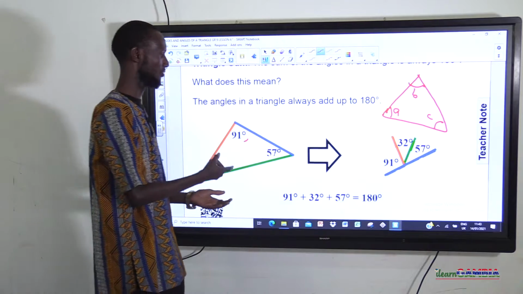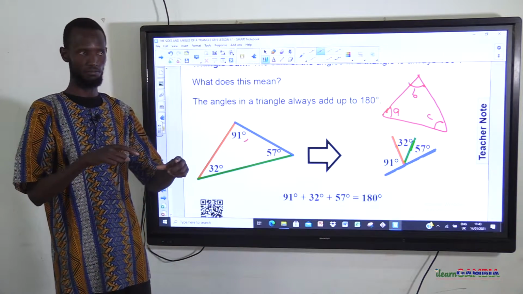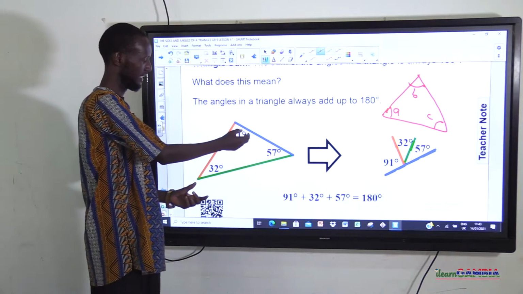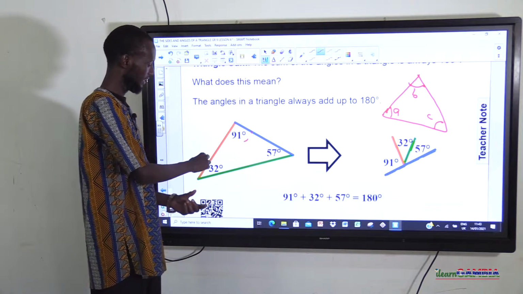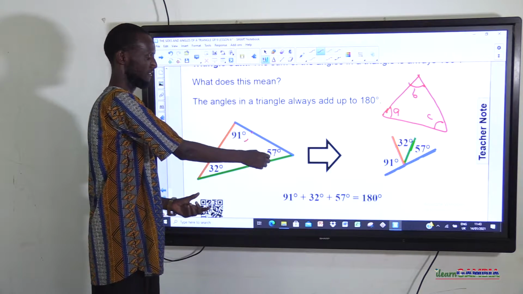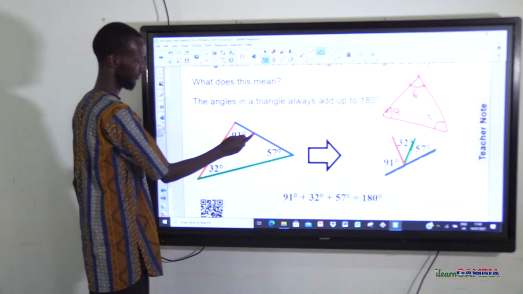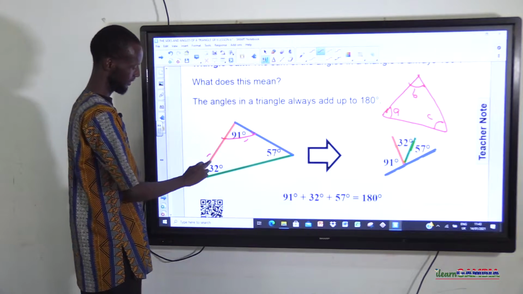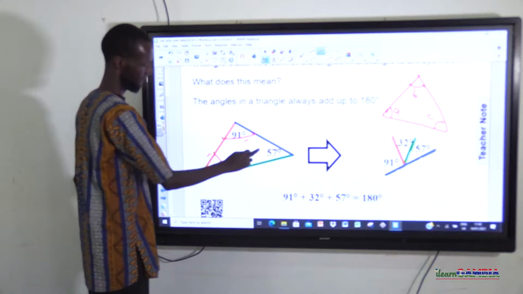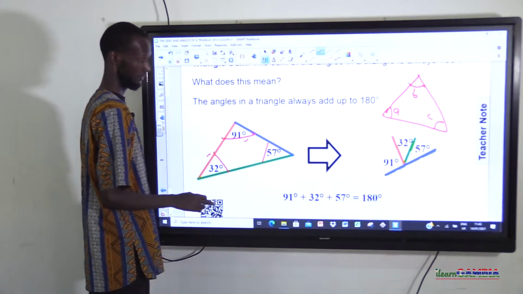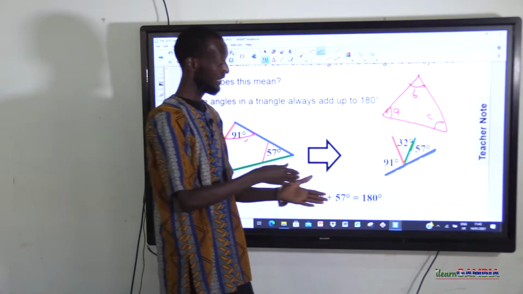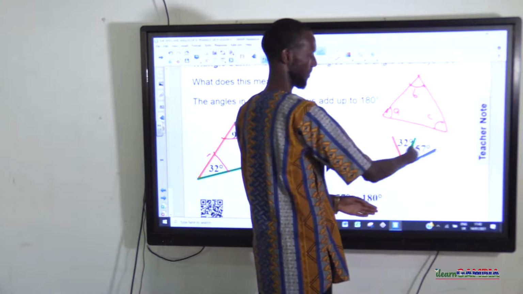The way you can prove this is, if you draw a triangle with angles 91 degrees, 32 degrees, and 57 degrees, and cut these angles off and fix them together, they will give you a straight line.